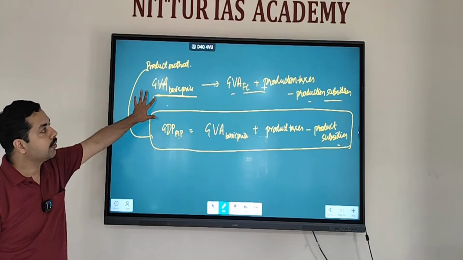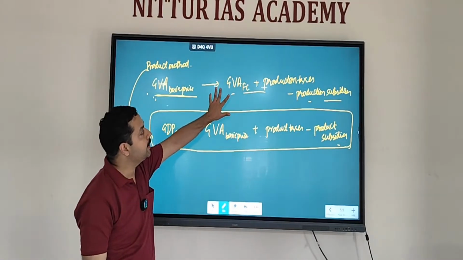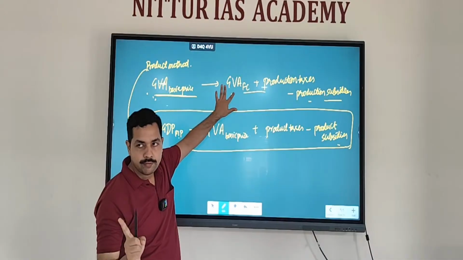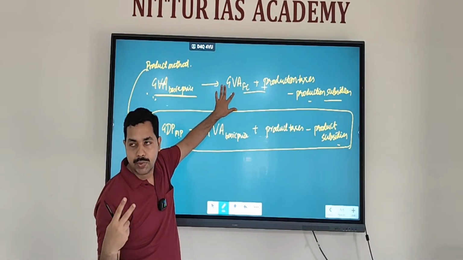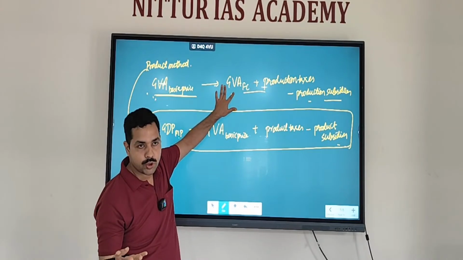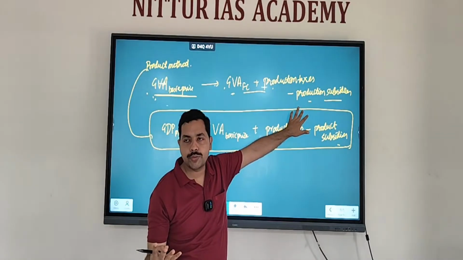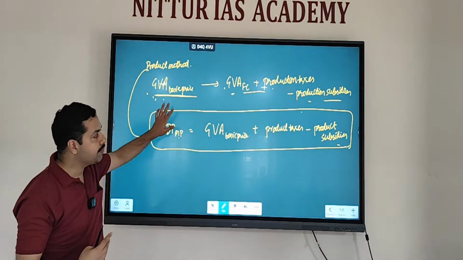So first we are calculating GVA at basic price. How? First we calculate GVA at factor cost. What is factor cost? We have discussed already: rent plus wages plus interest plus profit. Then you calculate how much production taxes you have paid and how much production subsidies you have received. That gives GVA at basic price.